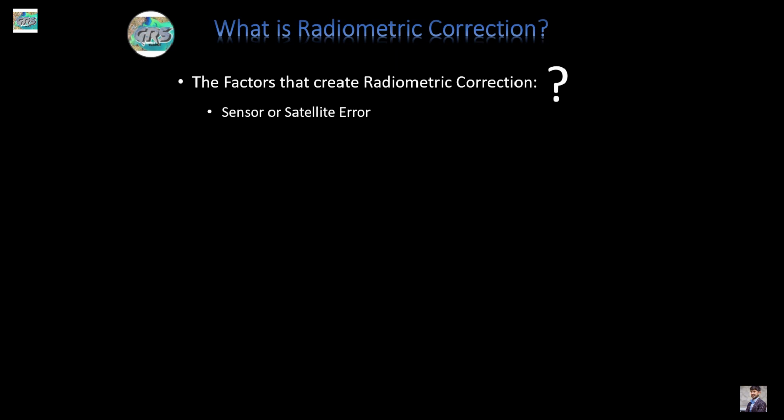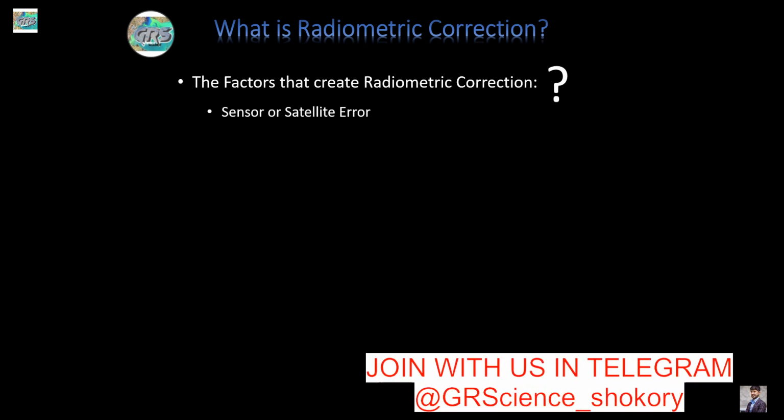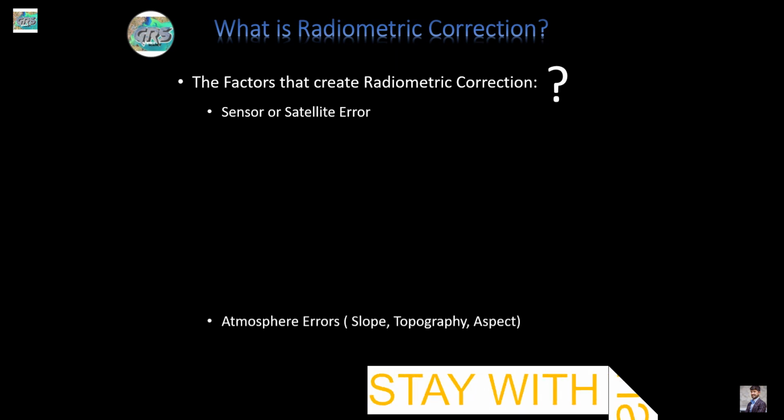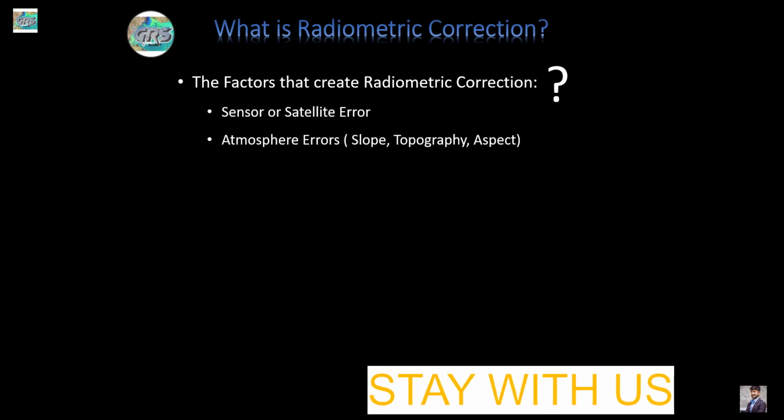For example, Landsat 7 in 2003 developed a gap called the scan line. This is a radiometric error. The second one is atmosphere errors. These errors include slope, topography, and so on.